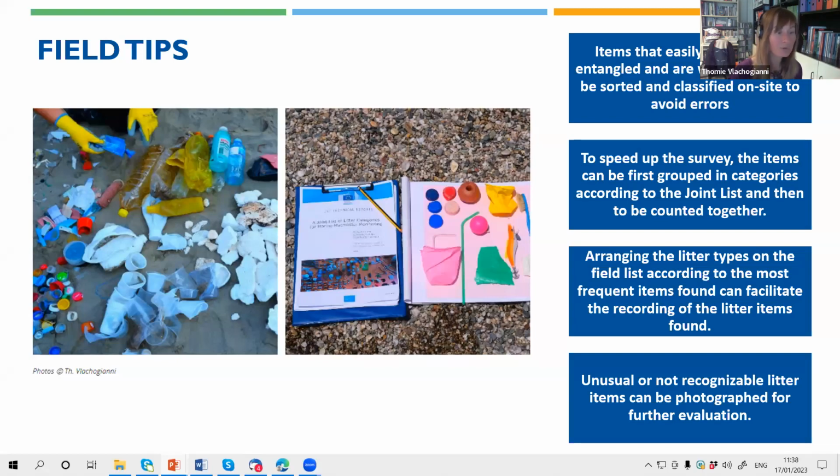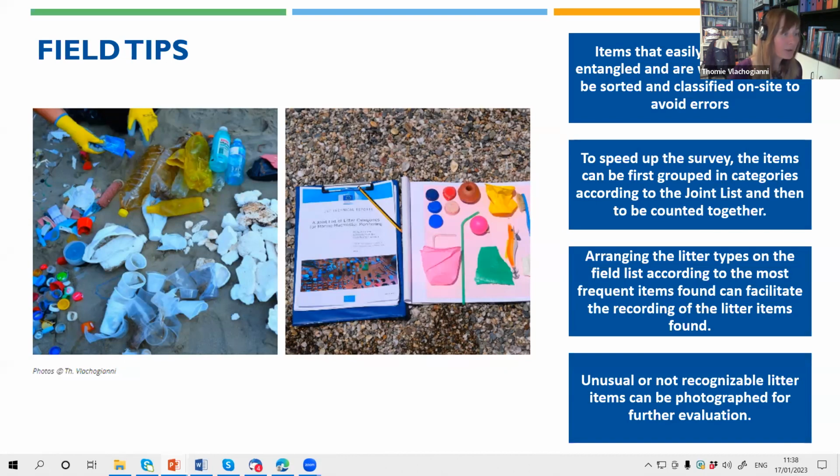So we put all the cups together, all the plastic bottles together, and so on, in order to speed up the process. This is one of the most important field tips, because if we are talking about relatively littered beaches, the classification can take many hours if some of these tips are not used.